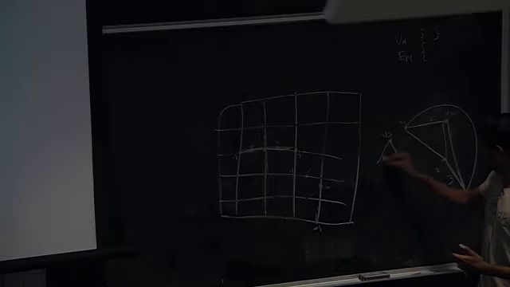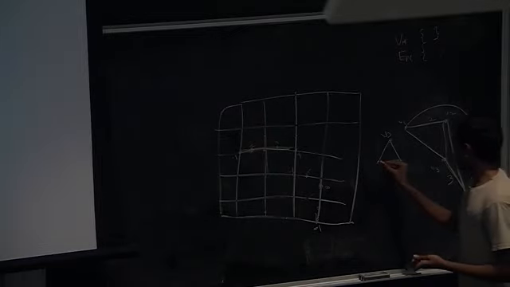And the property that you want from this tree is that every path from root to leaf alternates between matched and unmatched edges.